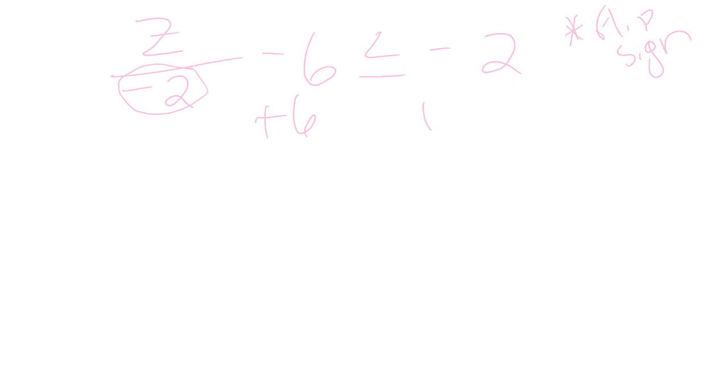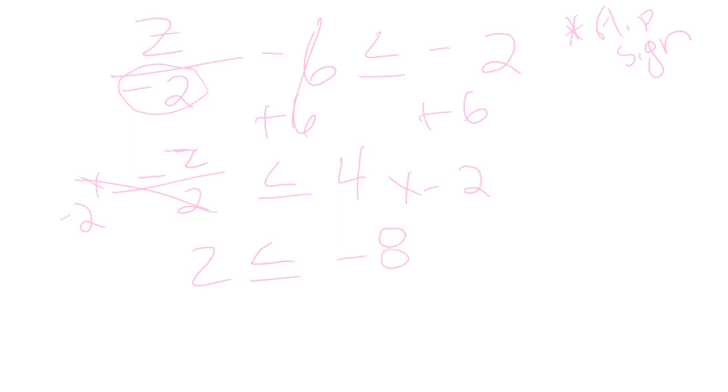So get rid of the 6, left with z over negative 2 is less than or equal to positive 4. Then we're going to have to multiply both sides by our negative 2 to cancel that out. Z is going to be less than or equal to negative 8. But again, flip your sign. So z is actually greater than or equal to negative 8.